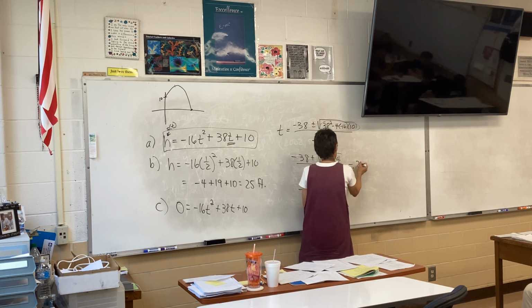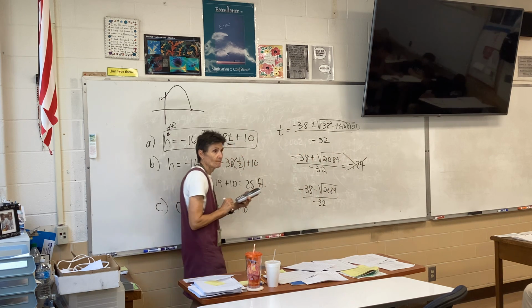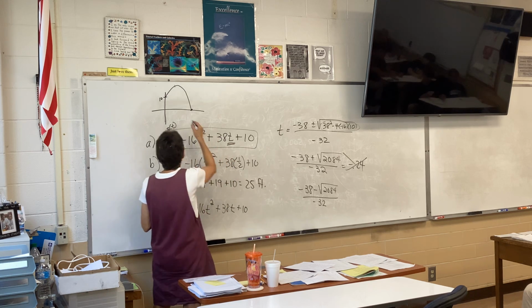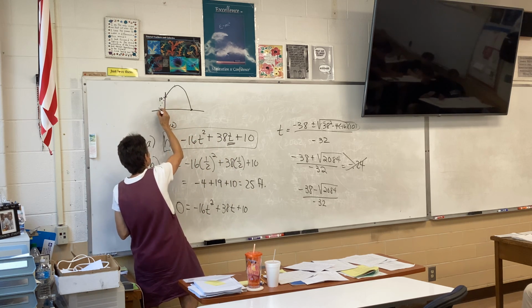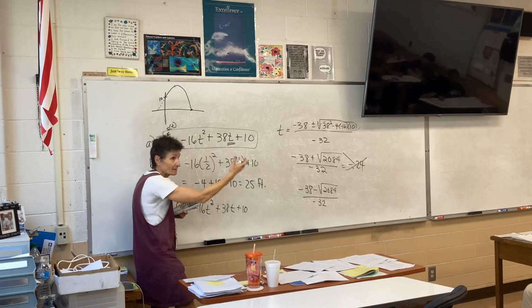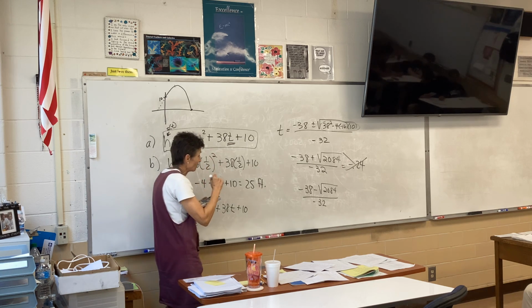Whoops! That one's no good. What's wrong with that answer? Negative time. If you look at the picture, is there an x-intercept back here somewhere? Well, mathematically there is, but practically there isn't. So we have to throw that one out.